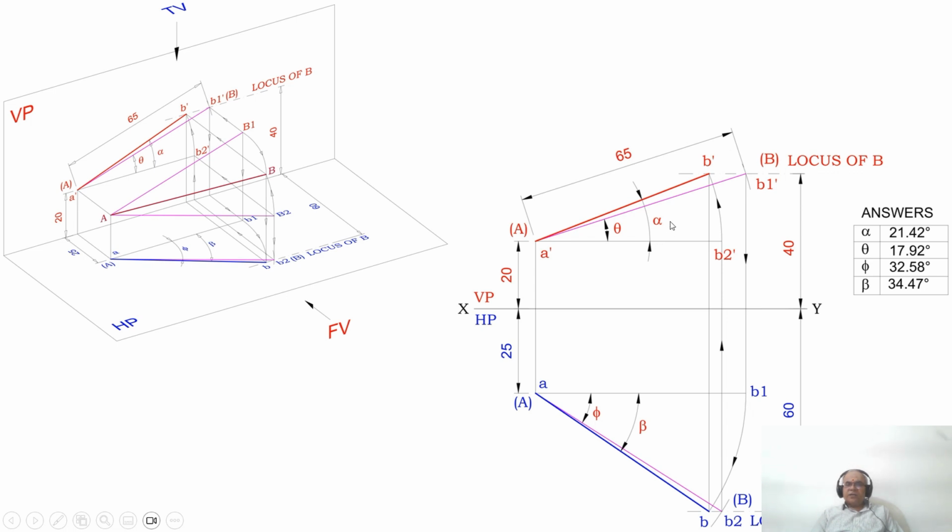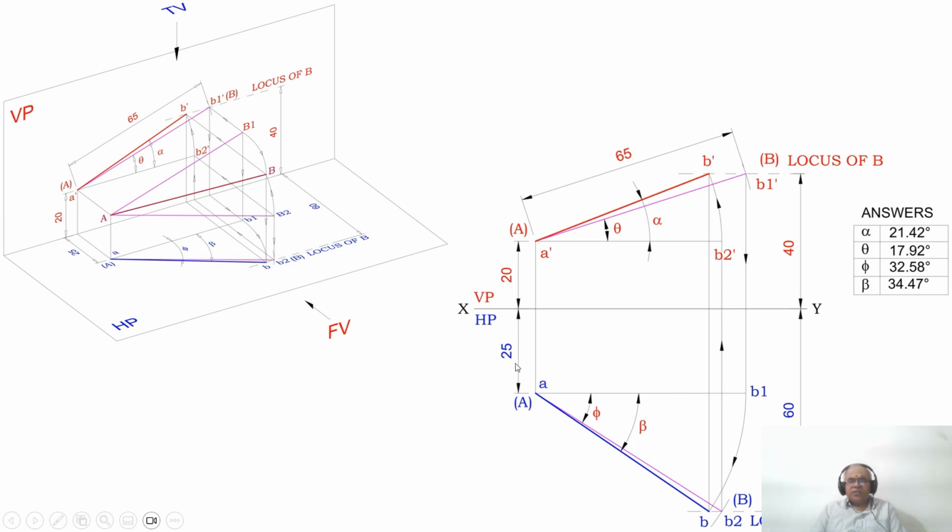Then you mark this angle as alpha, this angle as theta, this angle as phi, and this angle as beta. Theta and phi are the true inclinations with respect to HP and VP, and similarly alpha and beta are the apparent inclinations of the line with respect to HP and VP.